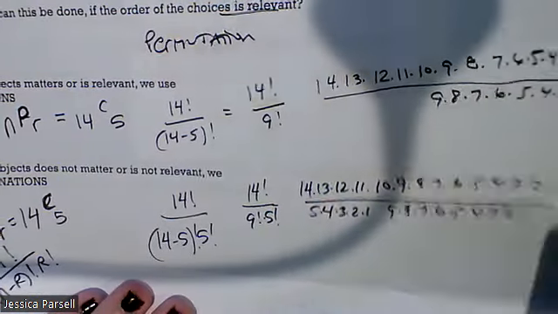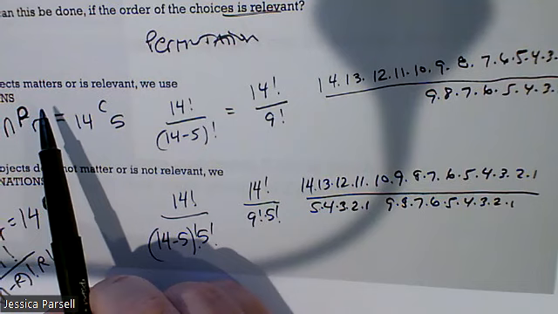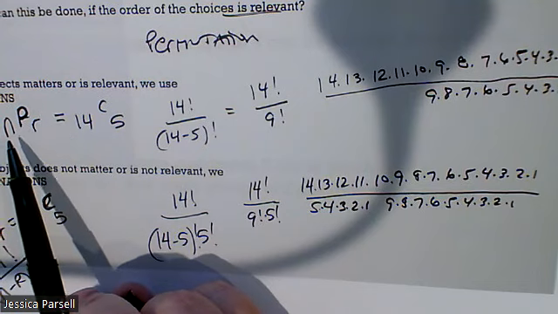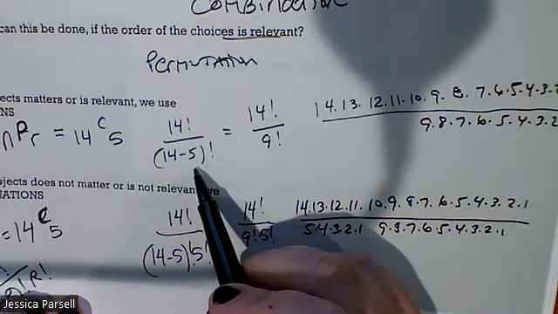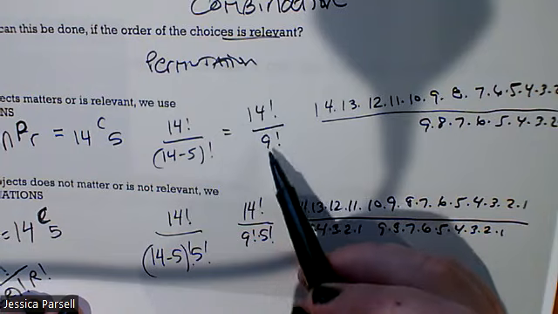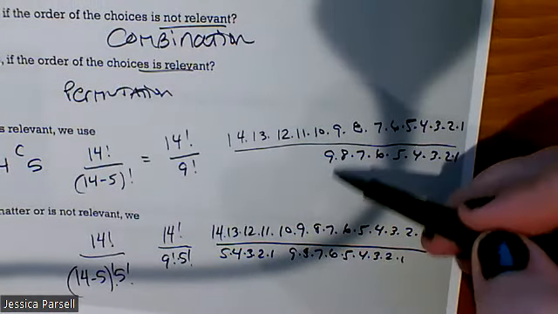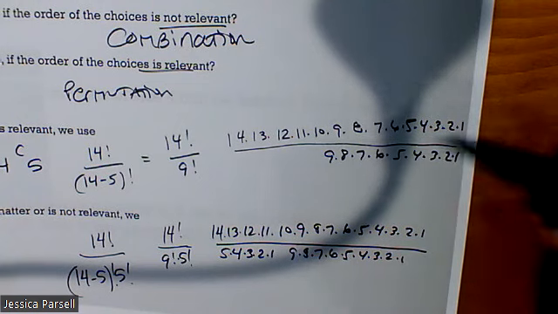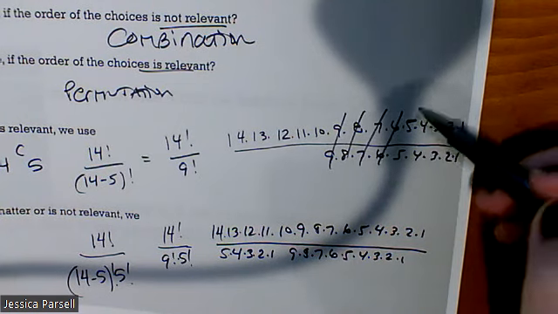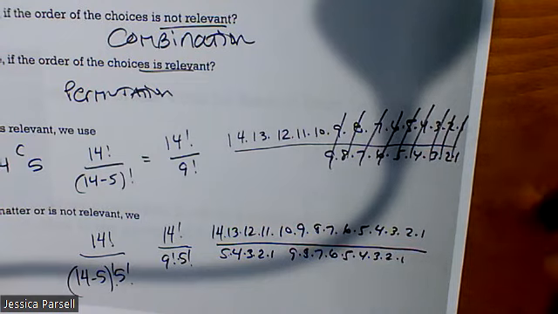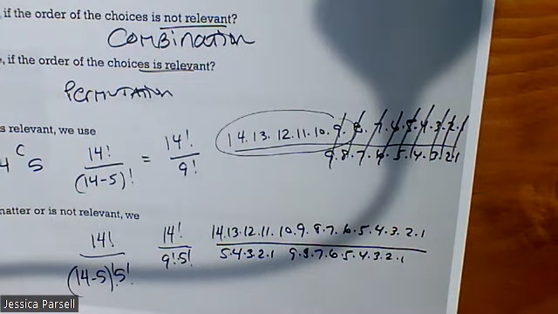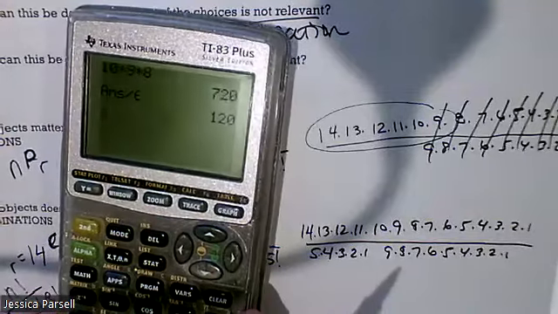If the order of the objects matters, we're going to use a permutation. Remember, we've got this little permutation formula. So 14 factorial over 14 minus 5 factorial makes 14 factorial over 9 factorial. You'll start getting to a point where you probably won't even write the 9 down because you'll know that they're all going to cancel. Until you get to that point, I highly recommend that you just keep on writing it out, even though it's kind of a pain.